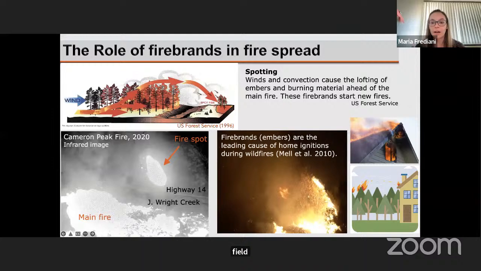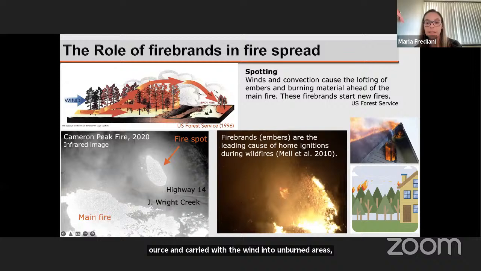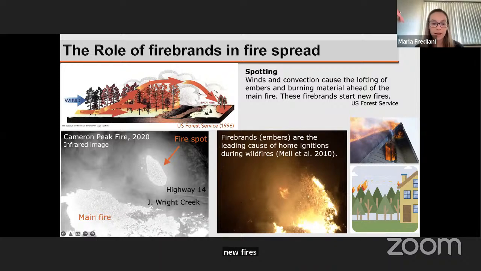So firebrands are burning pieces of vegetation, also known as embers, that are generated at the fire source and carried with the wind into unburned areas, potentially igniting new spot fires. Short distance spotting accelerates the fire rate of spread by expanding the fire perimeter slightly beyond the fire front, whereas long range spotting can ignite new fires several kilometers downwind, possibly in areas beyond containment boundaries.